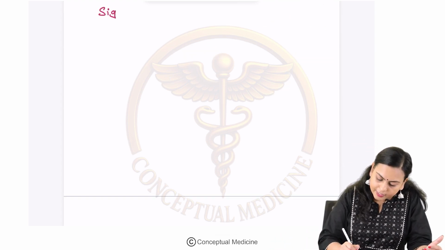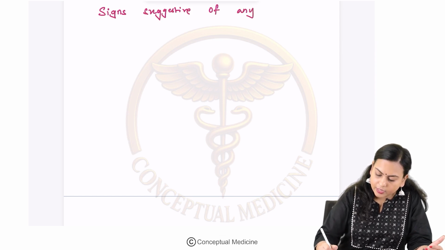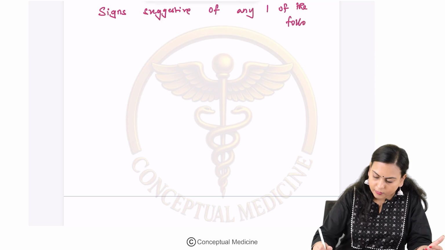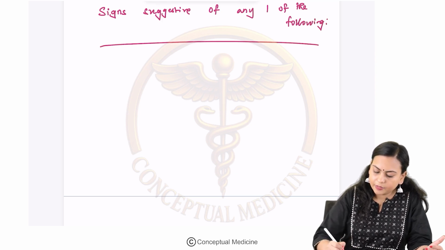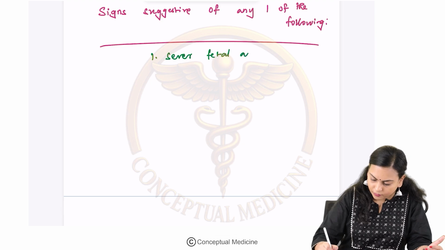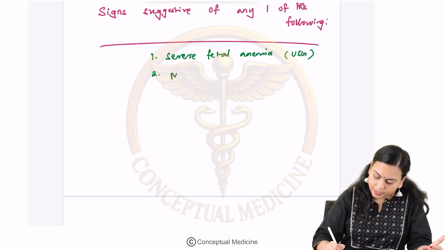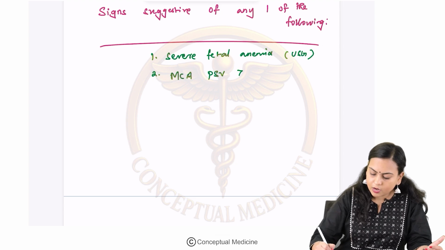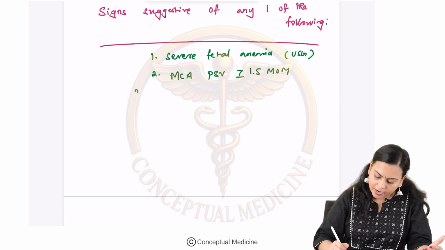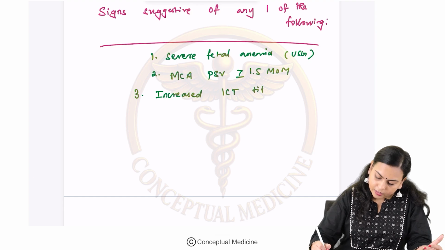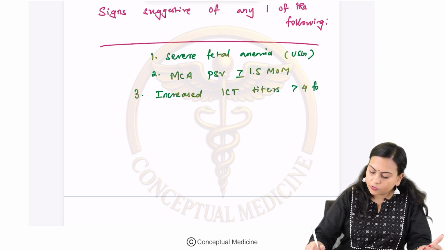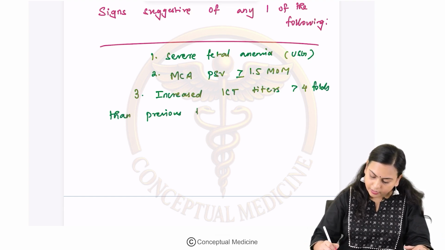So, if there are signs suggestive of any one of the following, for example, a severe fetal anemia found in ultrasonogram, or a middle cerebral artery peak systolic velocity more than or equal to 1.5 multiples of median, and even ICT titers increased more than 4 folds from the previous titer.